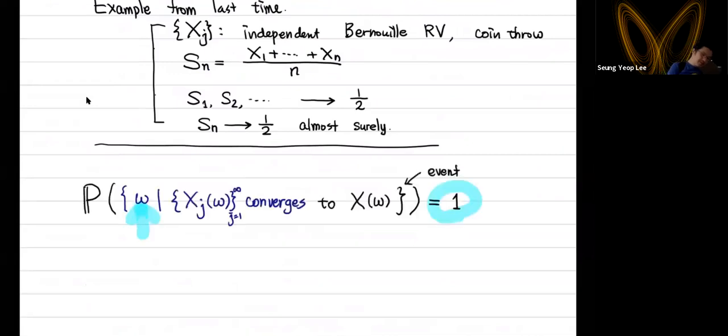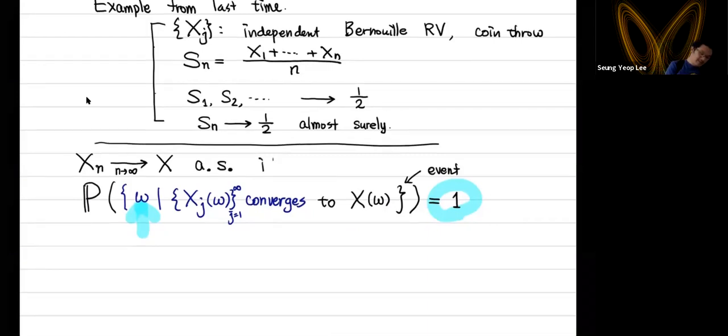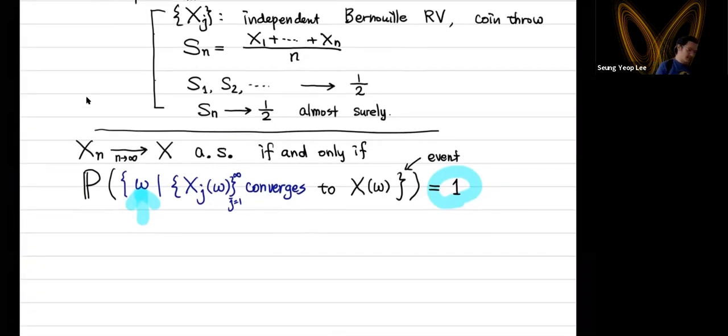Let me repeat. Xn converges to X as n goes to infinity, almost surely, and another way to write it is a.s., if and only if the following is true. So that's the definition.